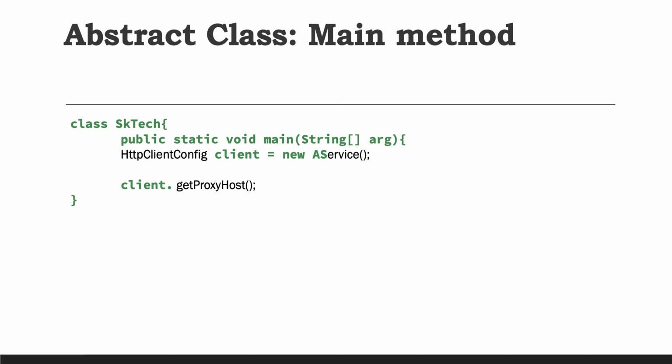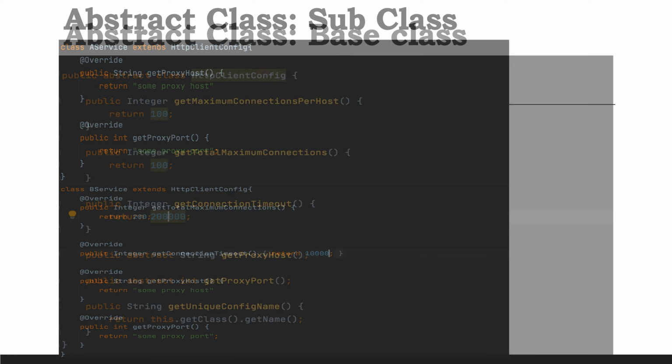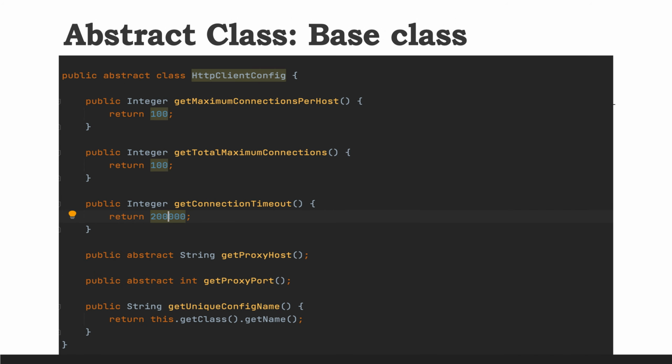One point we have to remember is that Java does not allow creating an instance of the abstract class. I can understand why it does not allow, because an abstract class can contain abstract methods and non-abstract methods. Let's say if Java allowed creating an instance of the abstract class, what happens if the class contains both non-abstract and abstract methods?